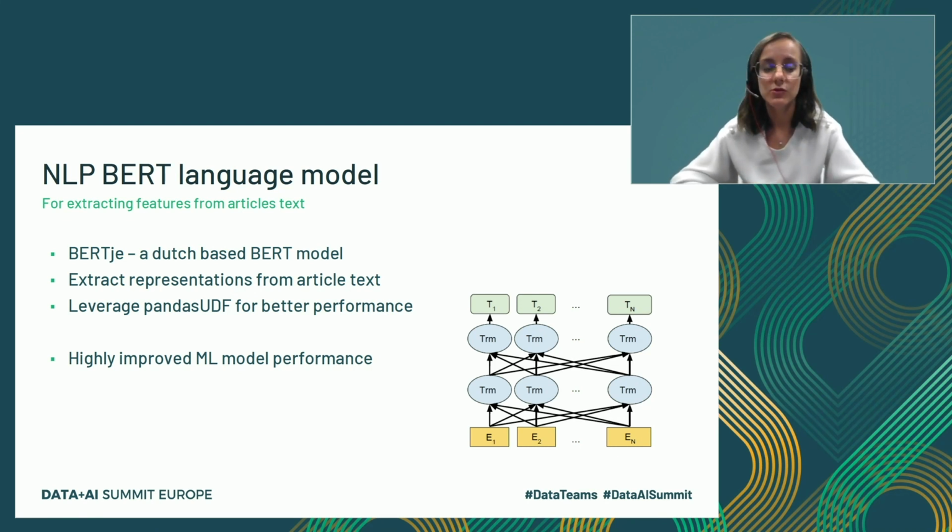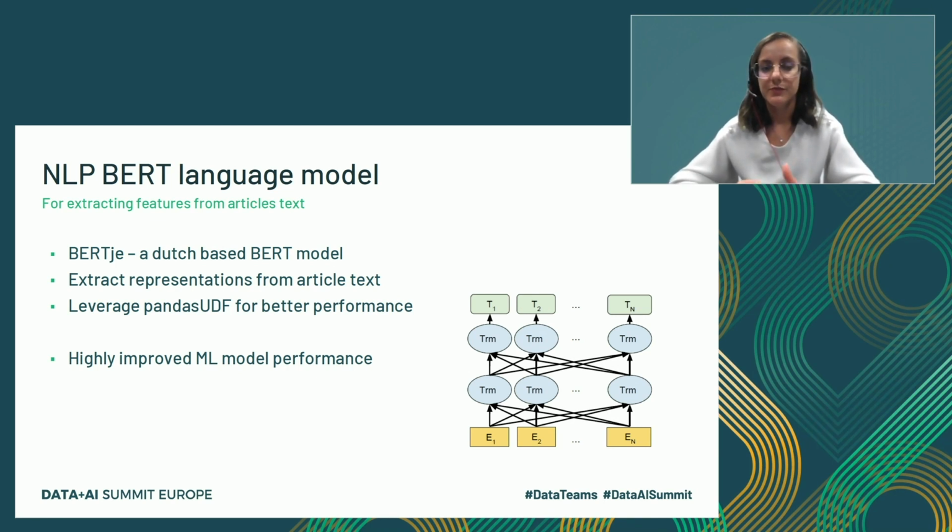There is the multilingual BERT, which is trained for different languages, but is only trained on Wikipedia articles, which was not really enough for us because we want a model trained on a diverse and big enough data set.